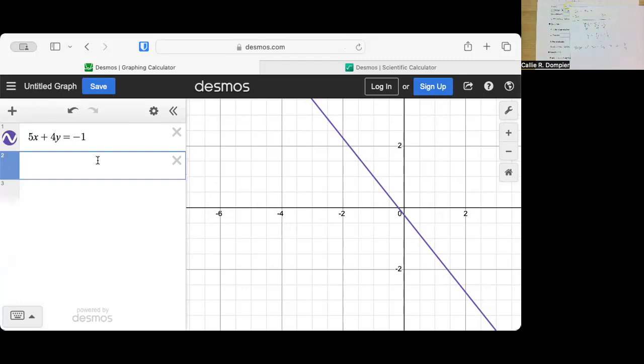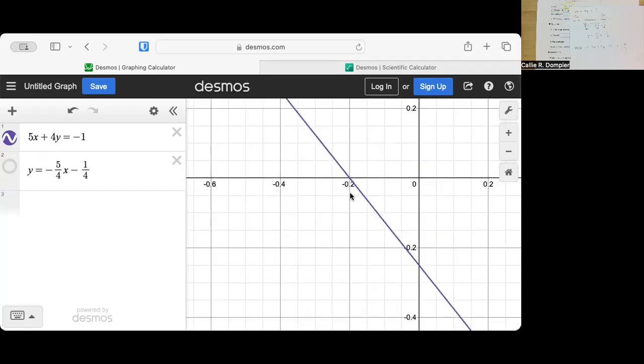Is that equal to y equals -5/4 x minus 1/4? That looks like the same line, right? So when I solved it to say y equals -5/4 x minus 1/4, I got the same line because that black line is covering that purple line. So that's a good sign.